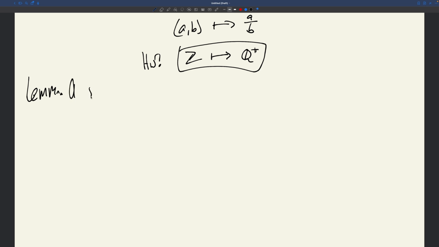But a subset of countable sets, and I actually did make this mistake in our lecture, I think I said a countable subset, which is wrong, is countable.